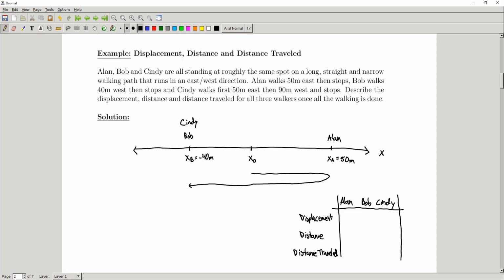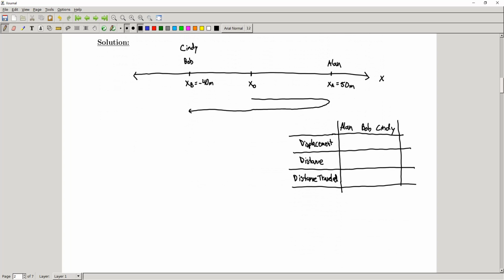Okay, let me finish the little table here. I'll scroll down to give us a bit of space. Okay, all we need is the chart now.